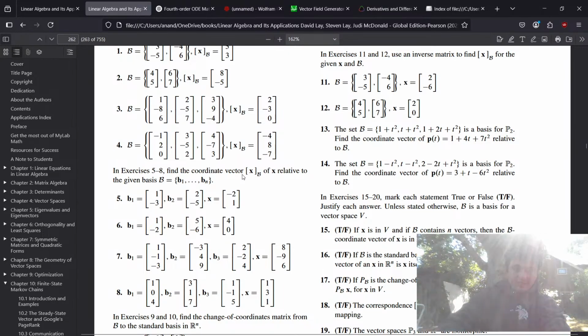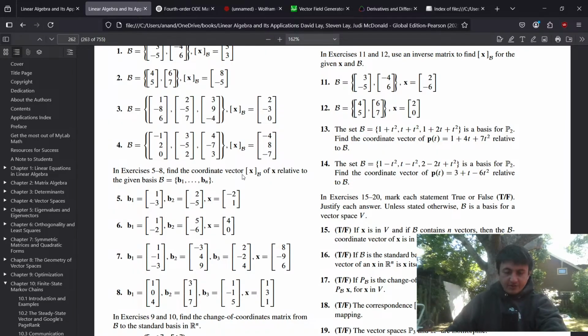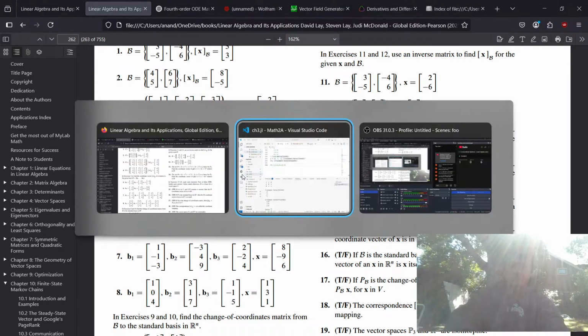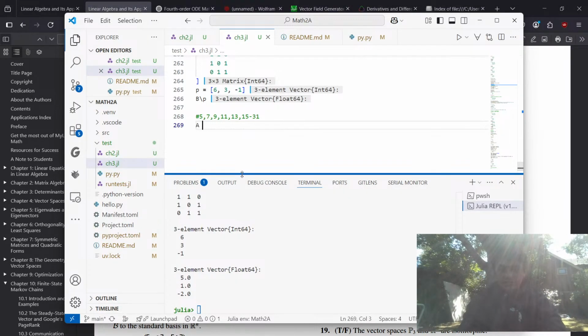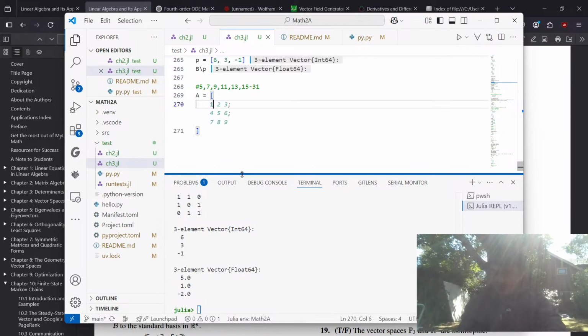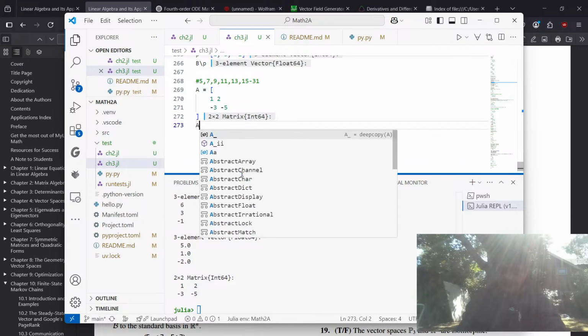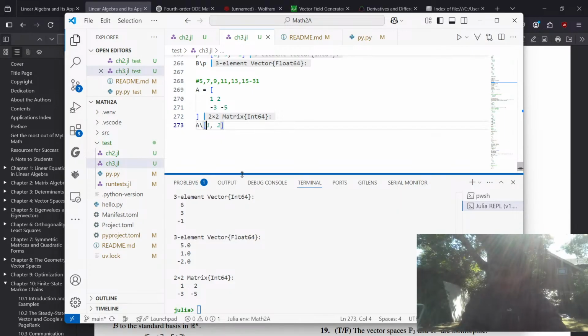Okay, so 5, this is just going to be an inverse solve. Let me just write it down on paper, but then I'm going to solve it on the computer. 1, 2, minus 2, minus 3, minus 5, 1. All right, so we're just going to do A is equal to 1, 2, minus 3, minus 5, A backslash minus 2, 1.